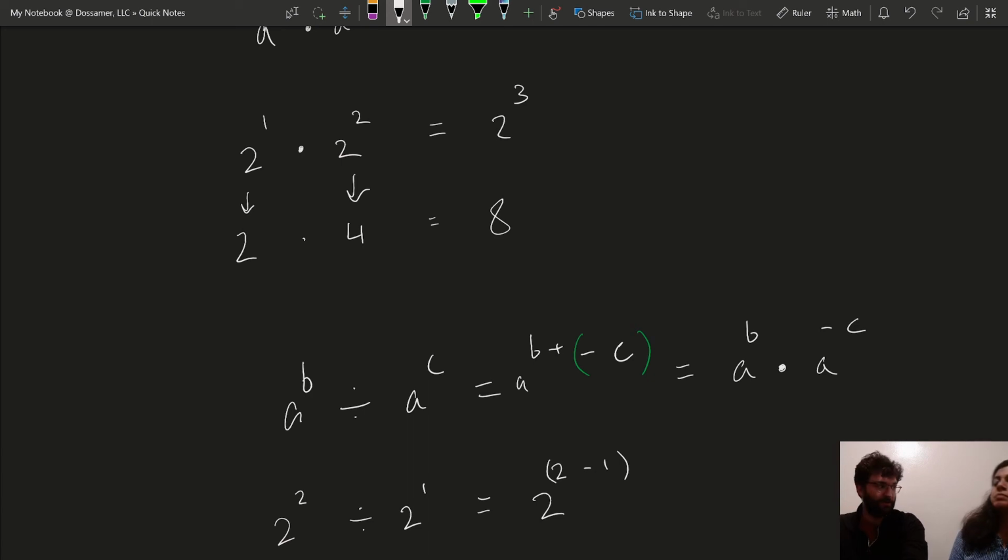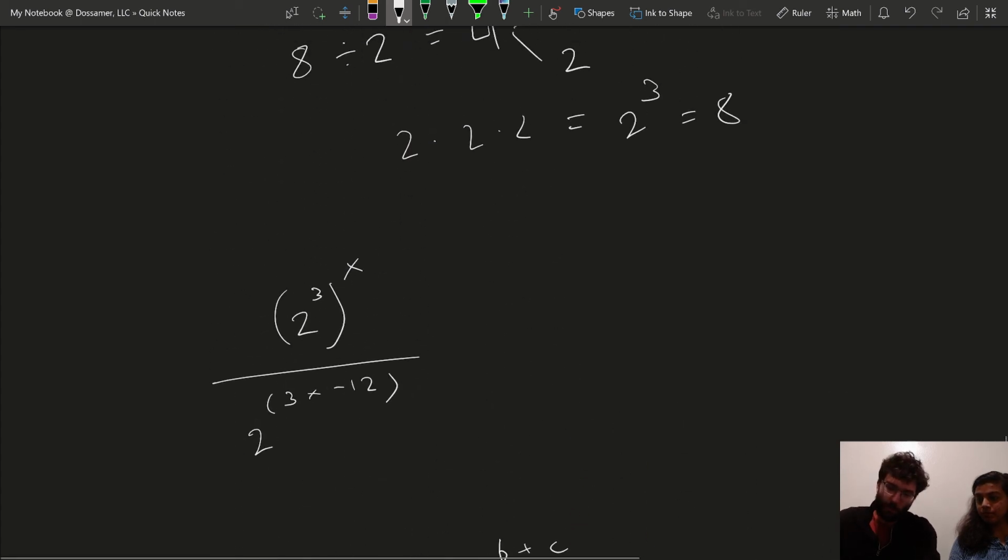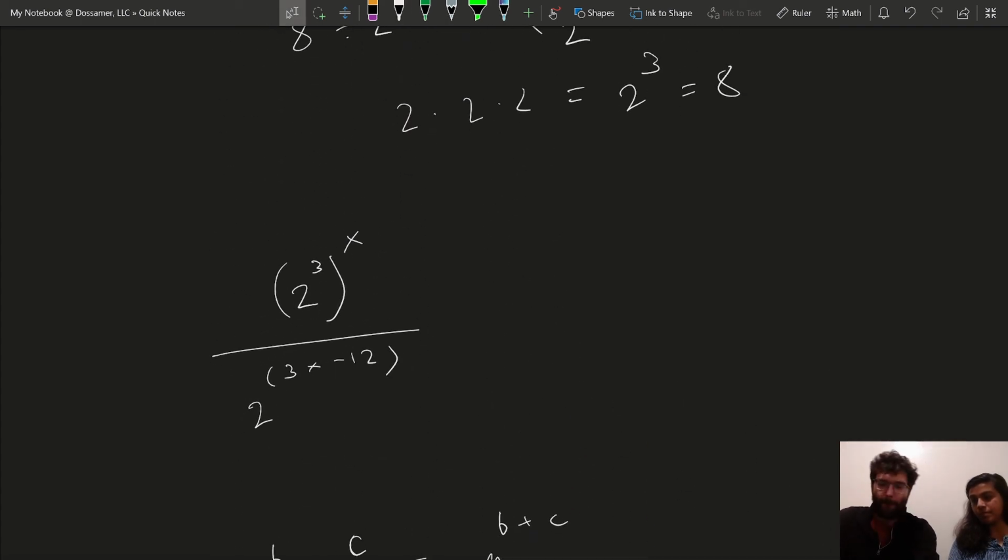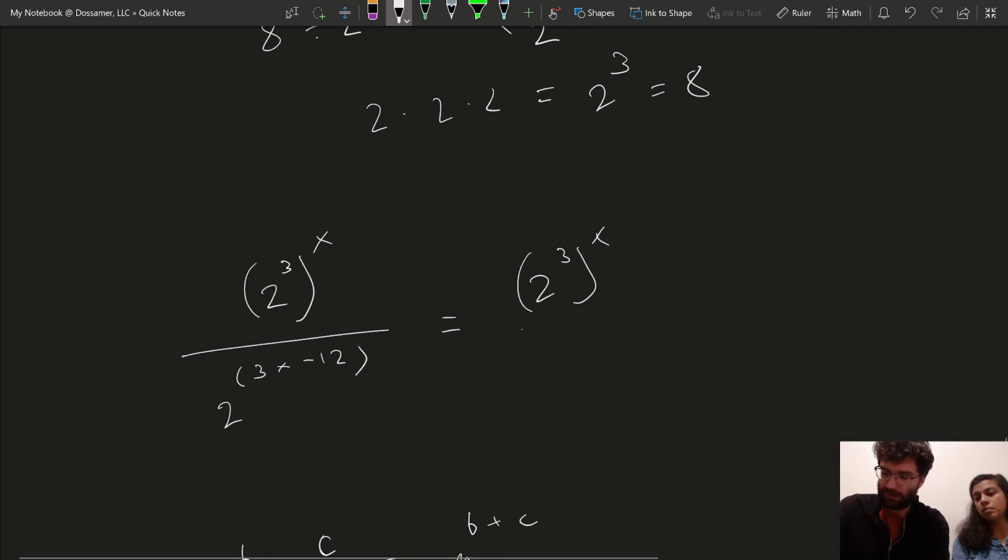And then according to our previous formula, we can split things out like this: a to the b times a to the negative c. Which is interesting. So a to the b divided by a to the c is the same as a to the b times a to the negative c.